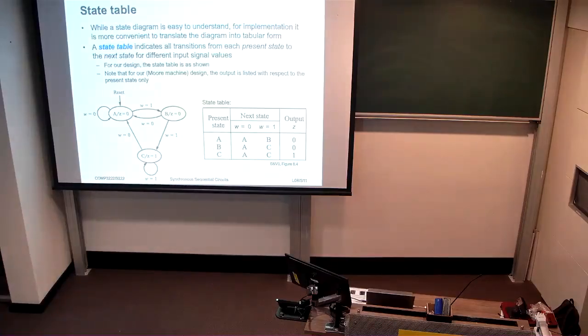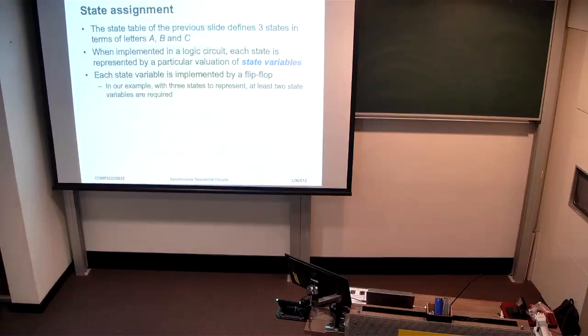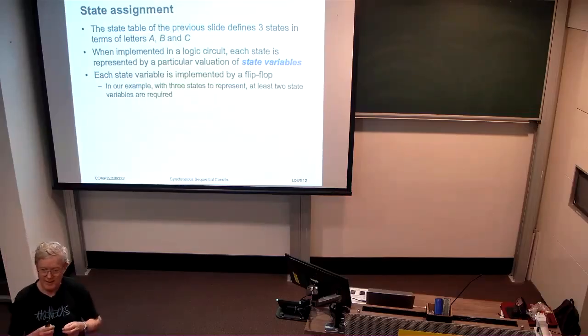And that's a step towards a systematic analysis, which then allows us to implement a circuit. But to do that, we have to figure out how many flip-flops we need. Usually those flip-flops are associated one-to-one with what's known as a state variable.